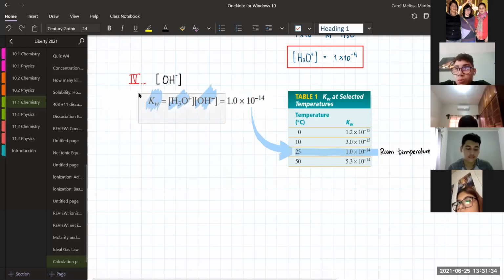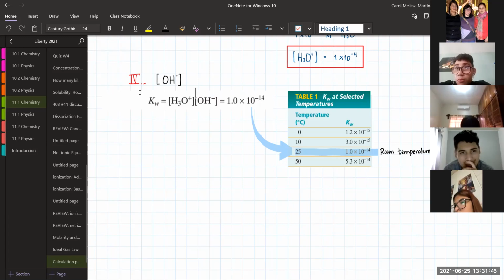So, I'm going to take this equation and isolate for the hydroxide ion concentration. Take a look. My hydroxide ion concentration is going to be equal to the Kw, which is 1 times 10 to the negative 14 power.